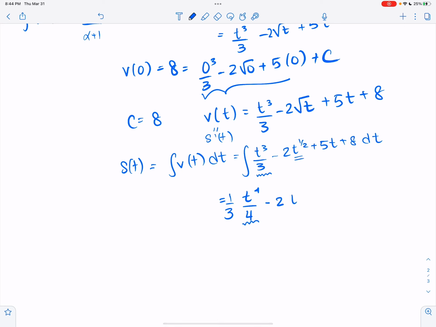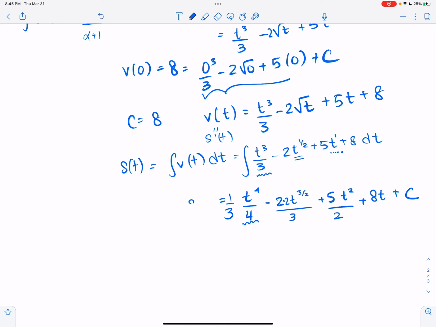T to the 1/2 will be t to the 3/2 divided by 3/2, so you're multiplying by 2/3. 5 is a constant that sits there. Integral of t, this is t to the 1, so it'll be t to the 1 plus 1, 2, divided by 2. Integral of constant 8 is just 8t, and then you'll add a constant of integration.